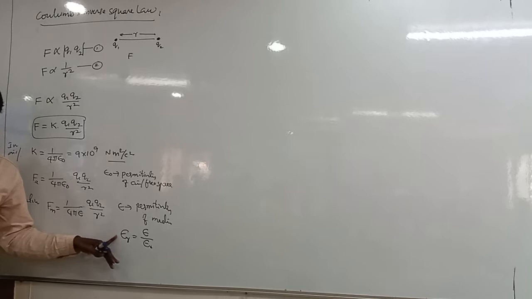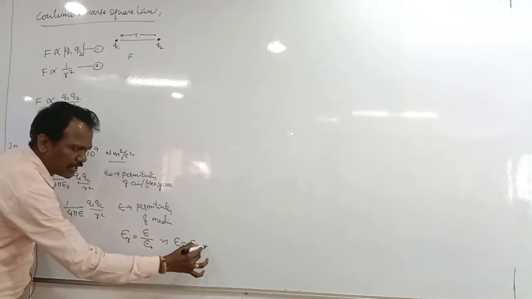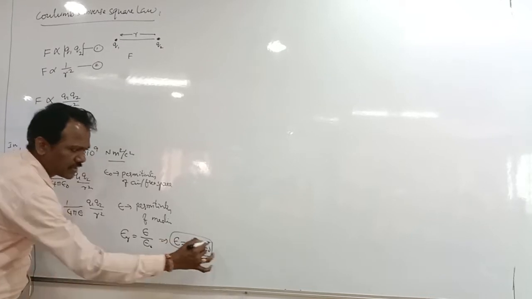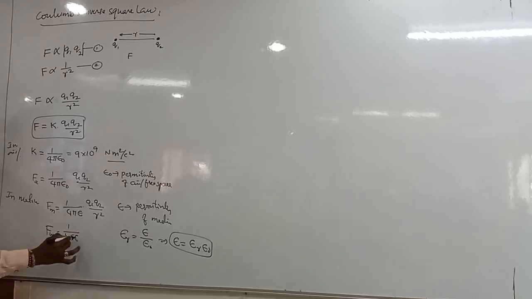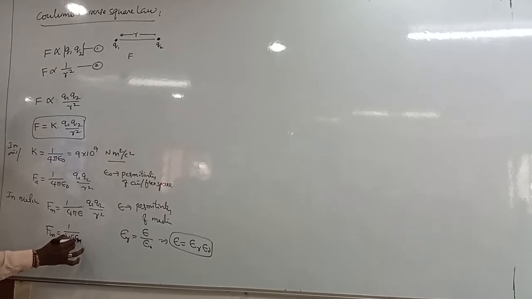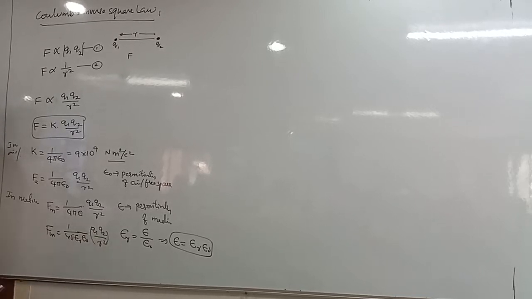That is relative permittivity, where epsilon is equal to epsilon r into epsilon naught, we can write, isn't it? So in the medium, we can write 1 by 4 pi epsilon r into epsilon naught q1 q2 by r square, right?